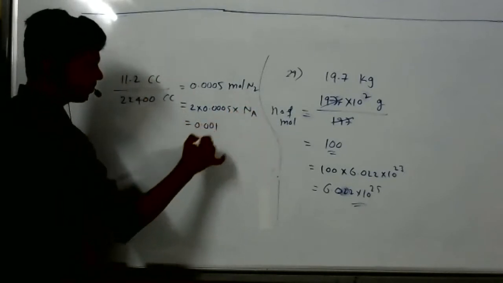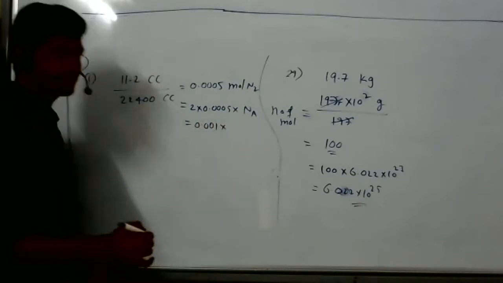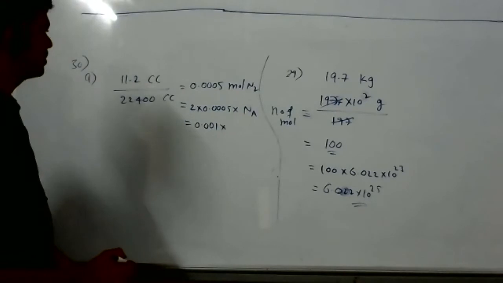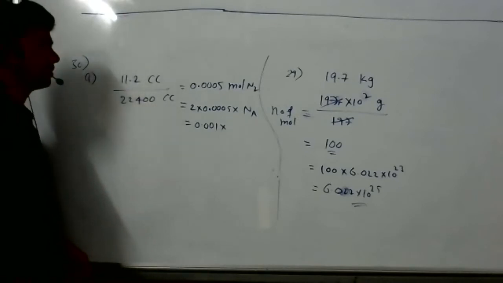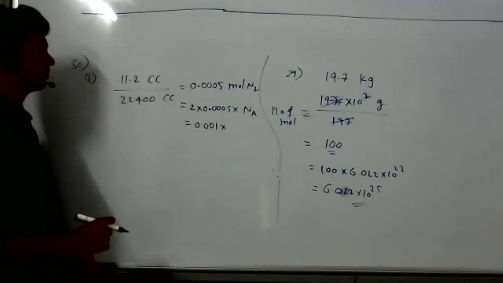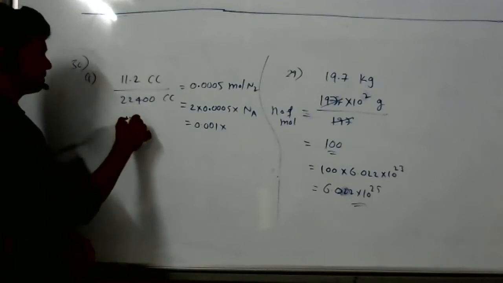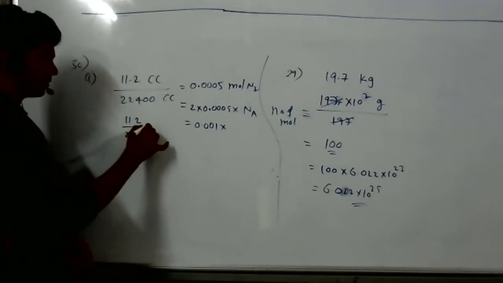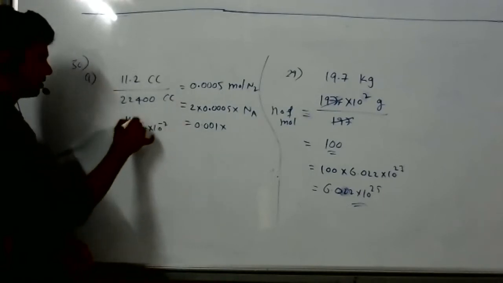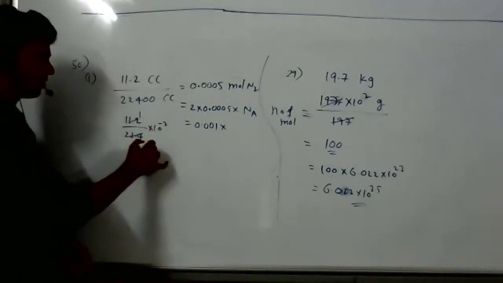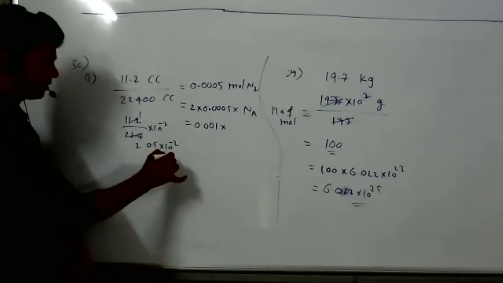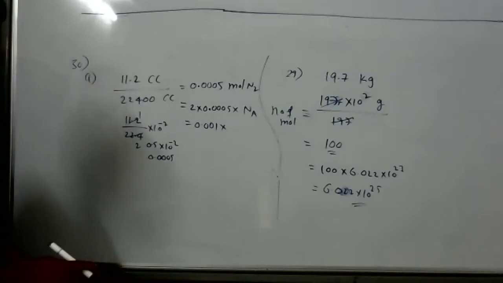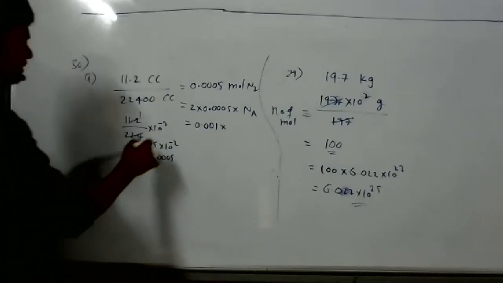So 0.001. Sir, it should be 2 zeros, right? No, 3 zeros, so check once again. 0.0005. Yes, sir, it's correct.